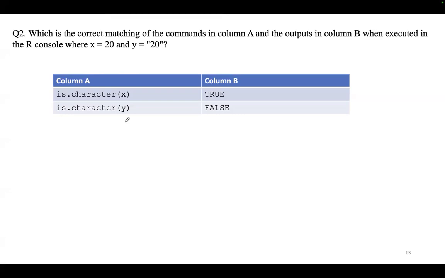You can just unmute. Yeah, hello. For the first one, is dot character X would be false because it's numeric, and for the second one, it would be true. Perfect. Great.